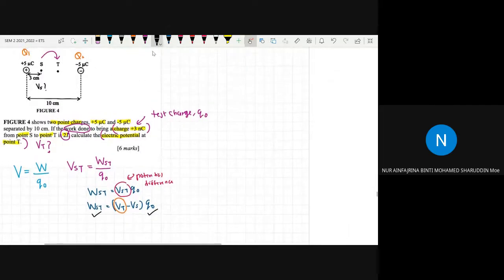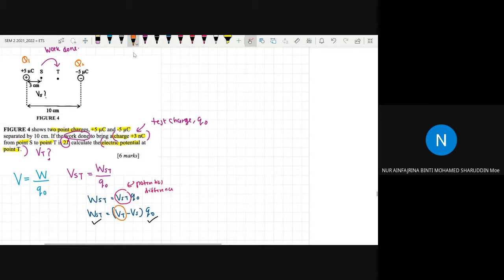Okay, mari kita tengok. So we have to charge. Okay, electric potential at point S. We have to charge. So dia akan jadi KQ1 over R1S tambah dengan KQ2 over R2S. So sebab apa? Sebab dia akan rasa kedua-dua charge.